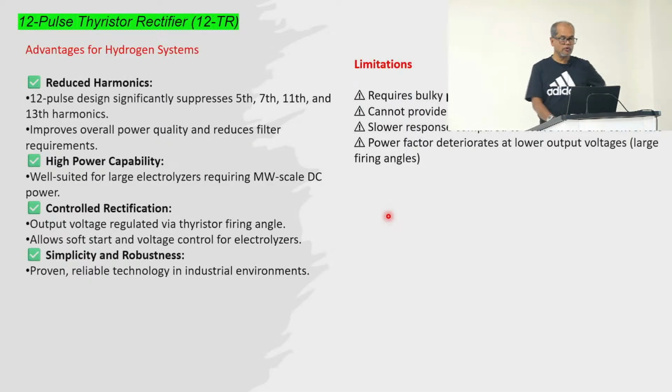So we already talked about how it can suppress these harmonics, which improves overall power quality and reduces filter requirements, and this is well suited for large electrolyzers. Output voltage can be regulated by using the firing angle.